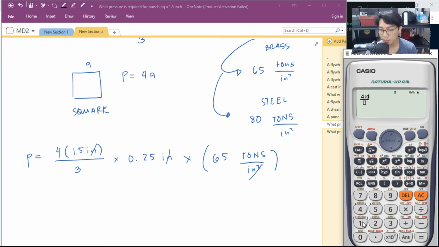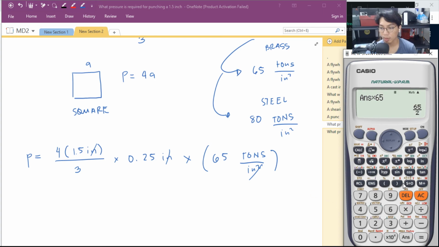4 times 1.5, I think that is 6. Divide by 3, that is 2. Multiplied to 0.25. Okay, 1/2 times 65. 4 times 1.5 divide by 3, 2 times 0.25 times 65.